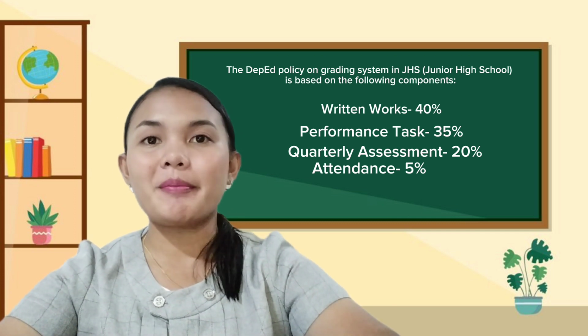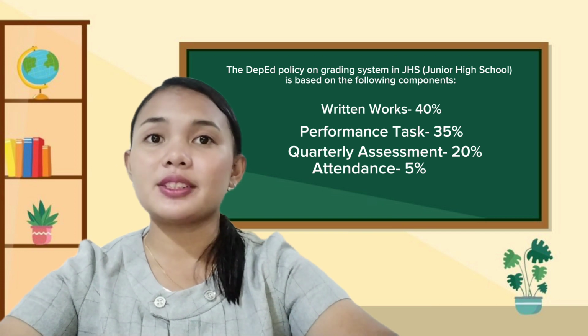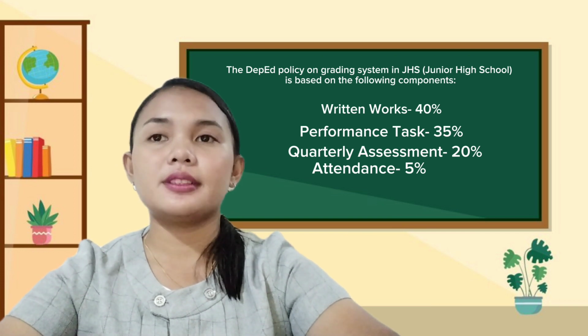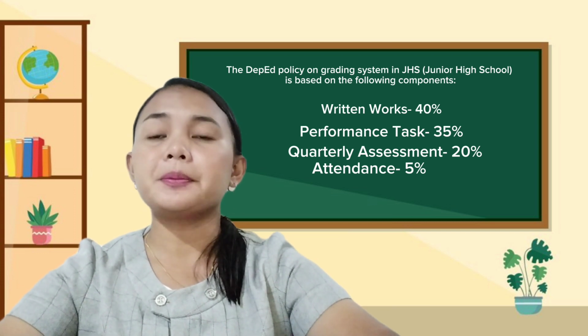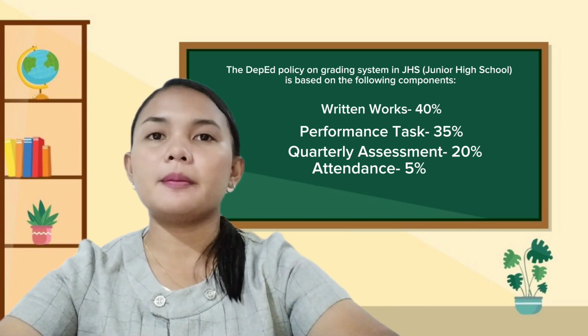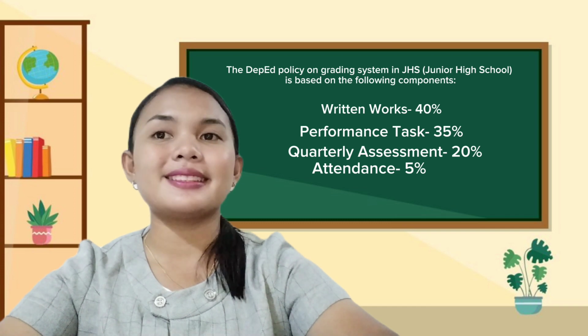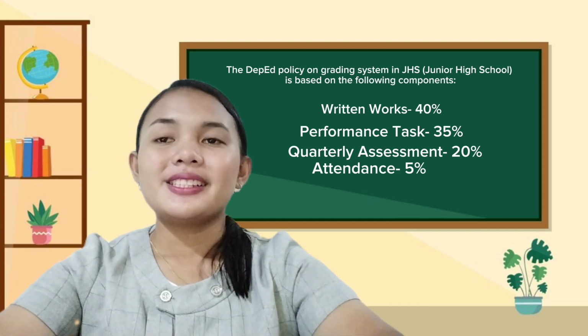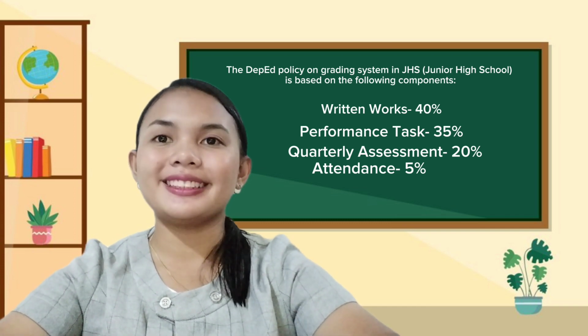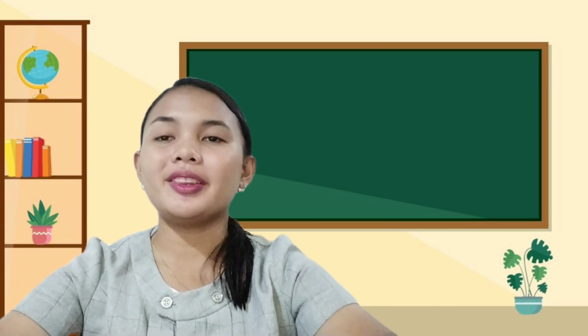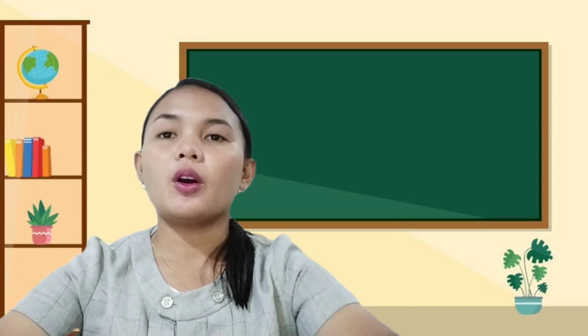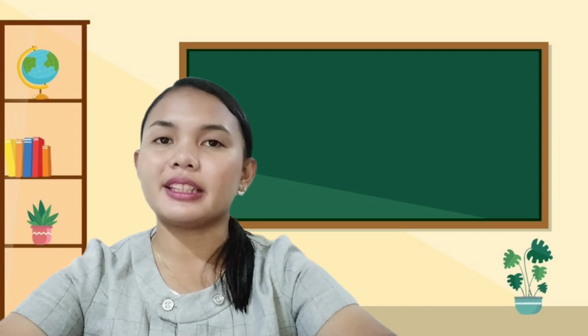The grading system in junior high schools follows the numerical grading scale of 60 up to 100, with the passing grade set at 75. Students who fail to meet the passing grade are required to undergo remediation or to repeat the grade level.